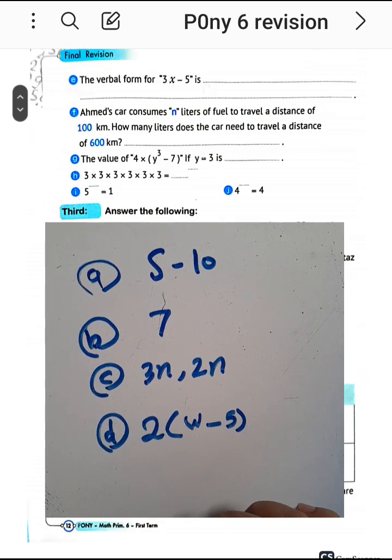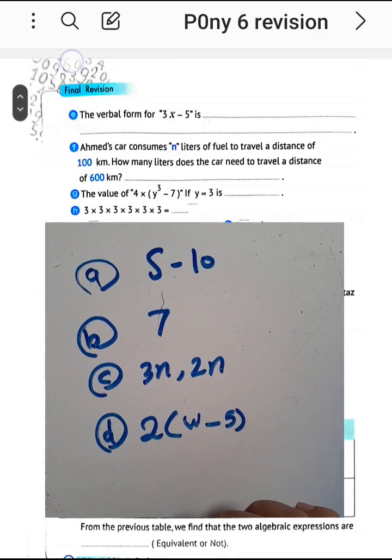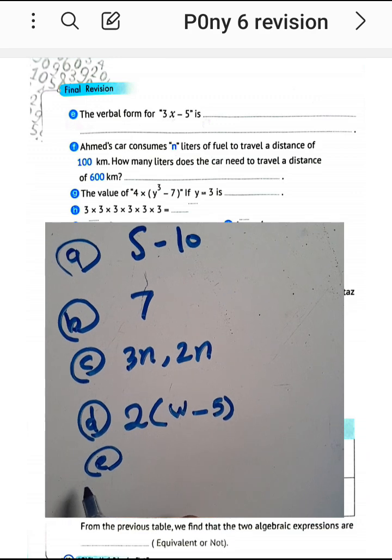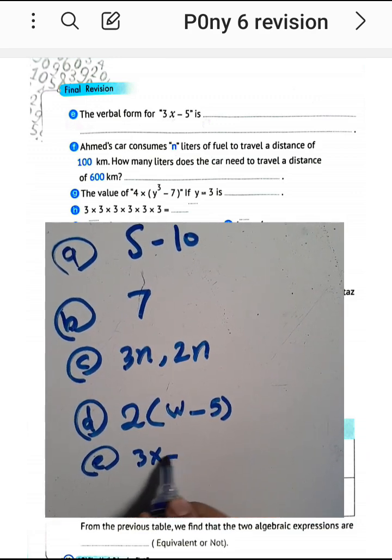Letter E. We have the verbal form 3x minus 5.